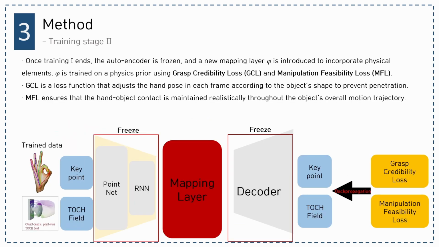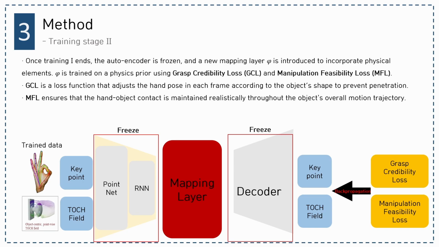After training 1 ends, the autoencoder is frozen and a new mapping layer pi is created to learn the physics prior. Positioned between the encoder and decoder, it is trained using GCL, grasp credibility loss, and MFL, manipulation feasibility loss.